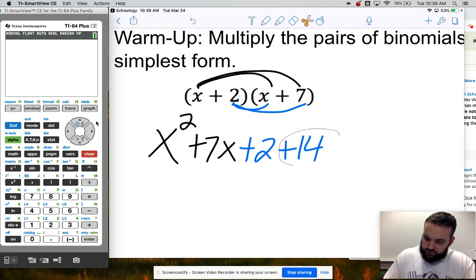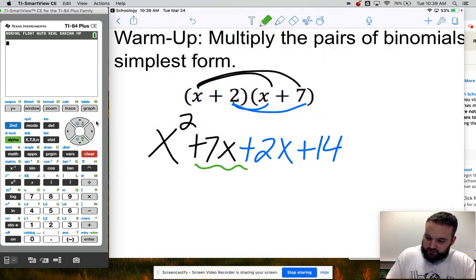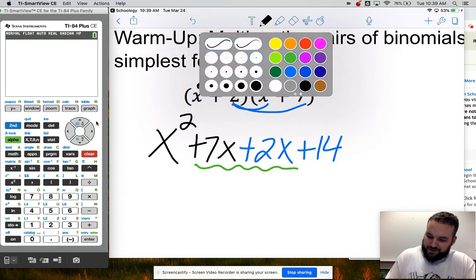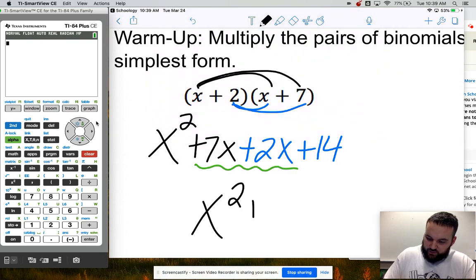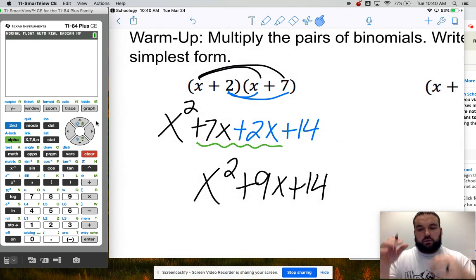So 2 times x should be 2x. 2 times 7 is 14. And then finally, in the middle here, I can combine 7x and 2x, and that makes 9x. So I have x squared plus 9x plus 14. That is my simplified trinomial.